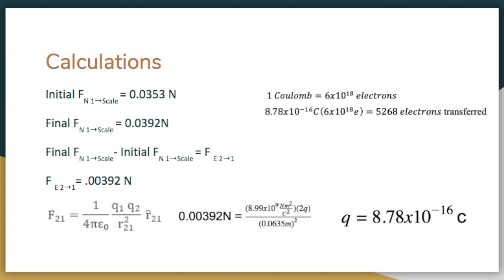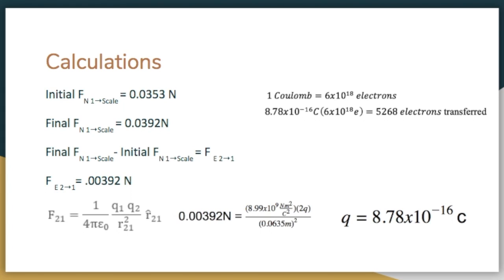Then we used the equation: force of electricity equals final normal force of balloon 1 minus initial normal force of balloon 1, and we got that the force of electricity of balloon 2 on balloon 1 was 0.00392 newtons.